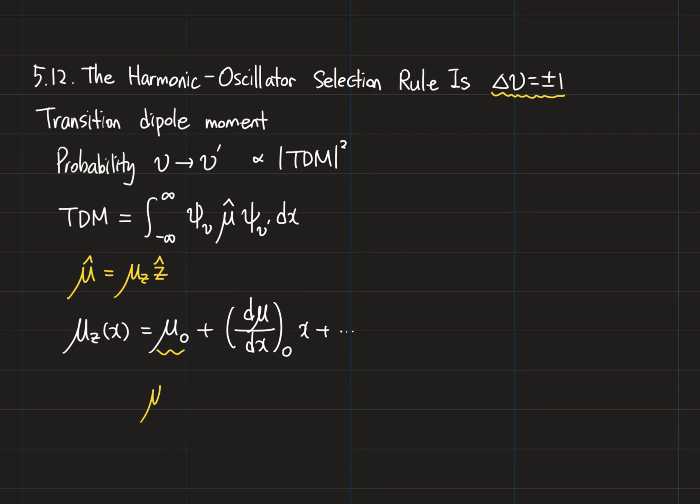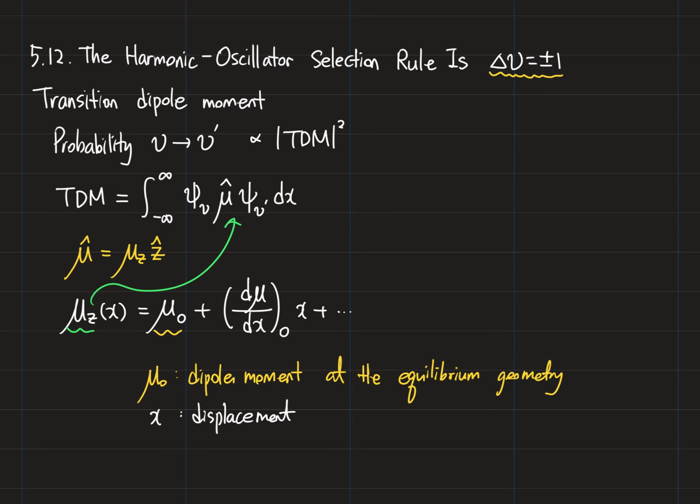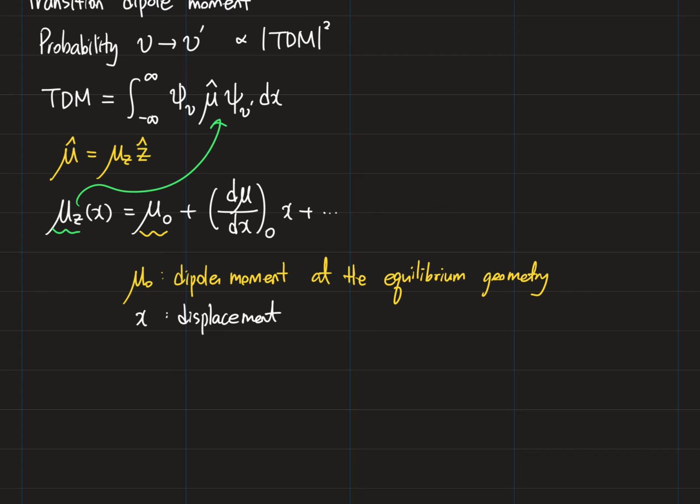So mu 0 is the dipole moment at the equilibrium geometry, and x is the displacement from the equilibrium geometry. With this expansion, we can rewrite the transition dipole moment expression.